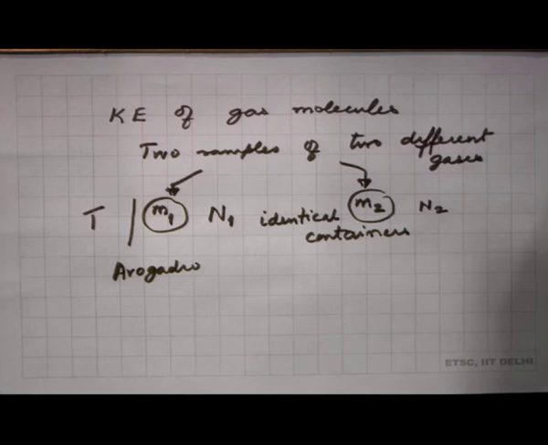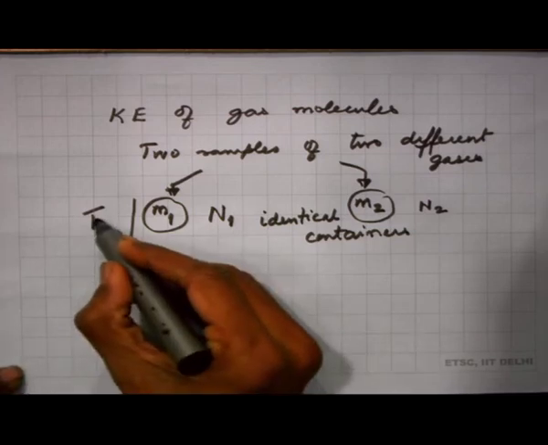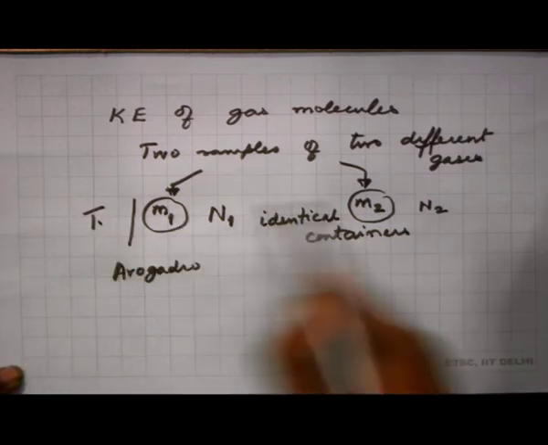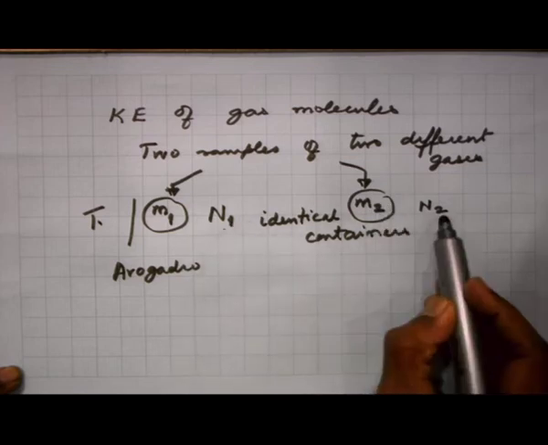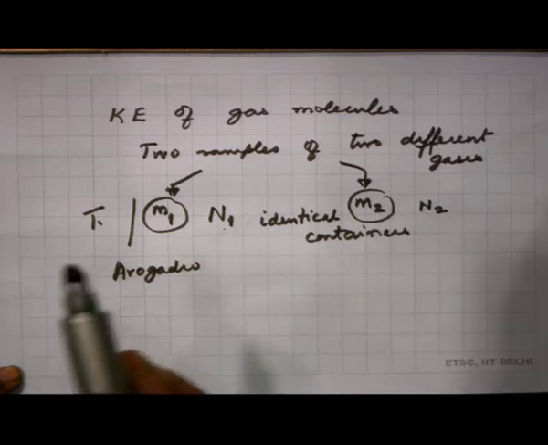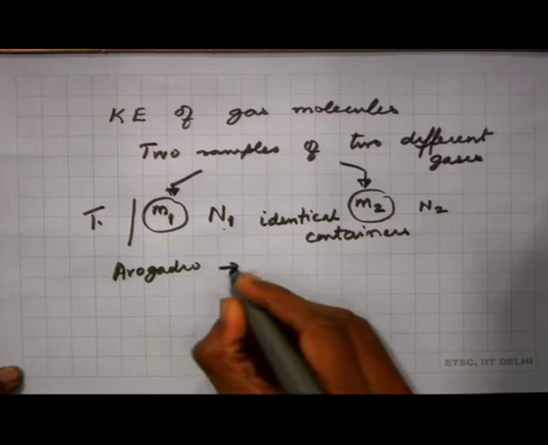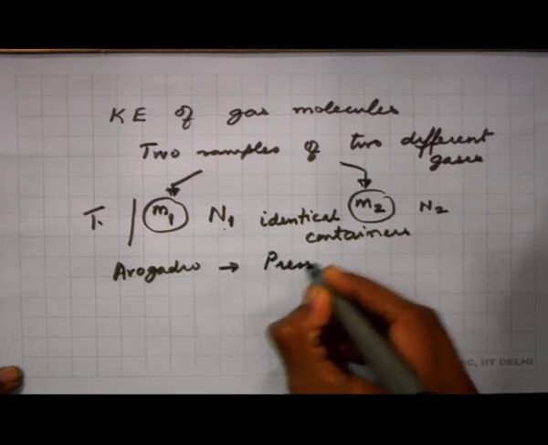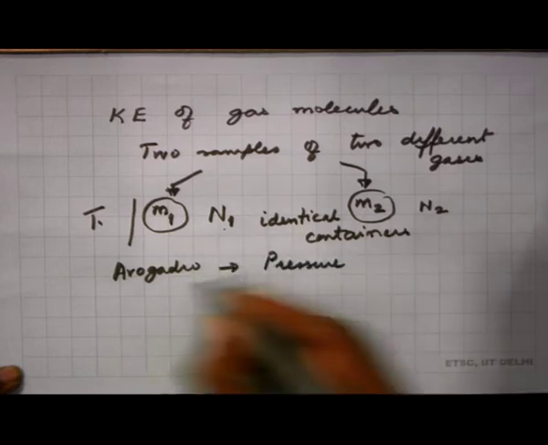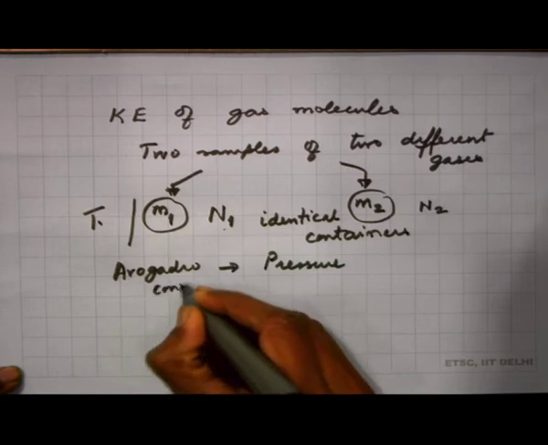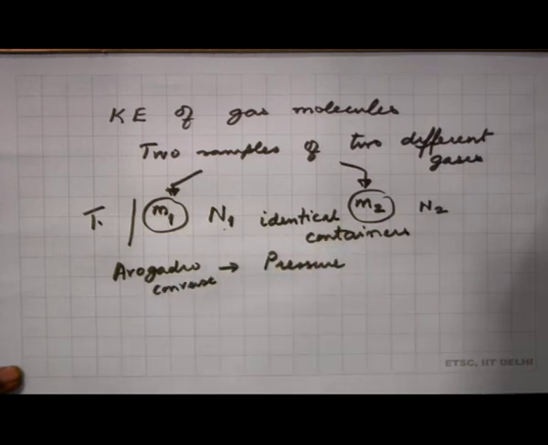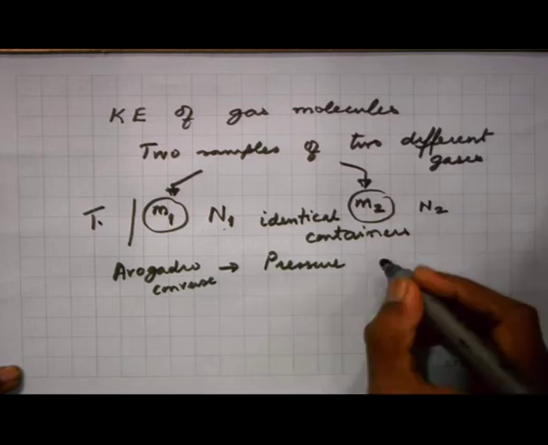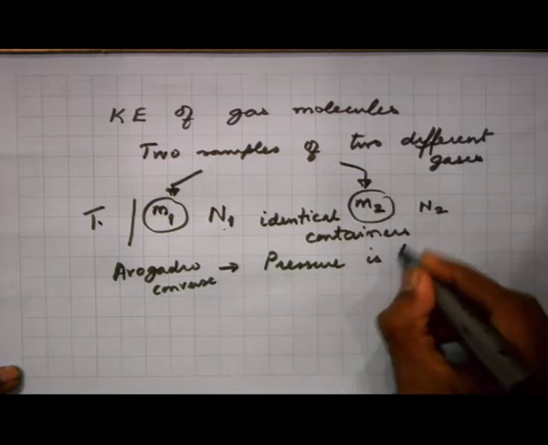So, I do this in reverse. I have the temperature the same, the masses are different, and the number of molecules are the same, I have ensured this. So, the pressure has to be the same. I am applying the Avogadro principle in the converse fashion. So, the pressure is the same in the two gases.